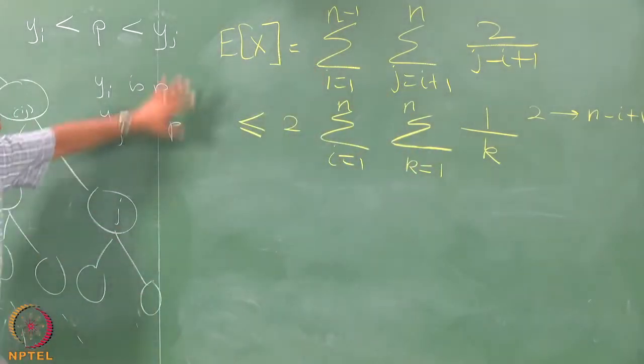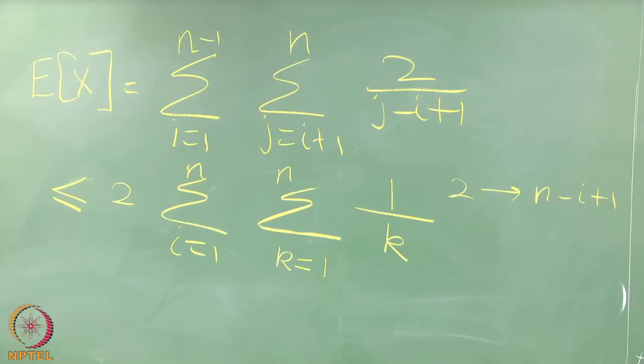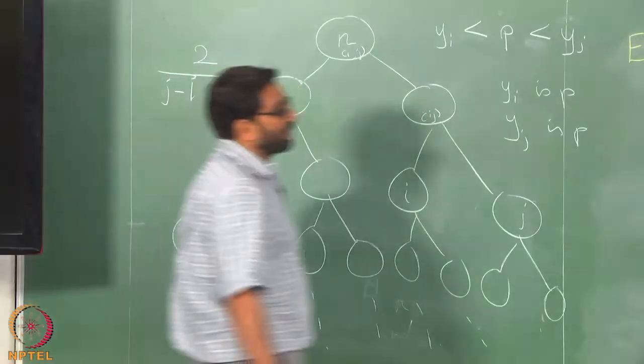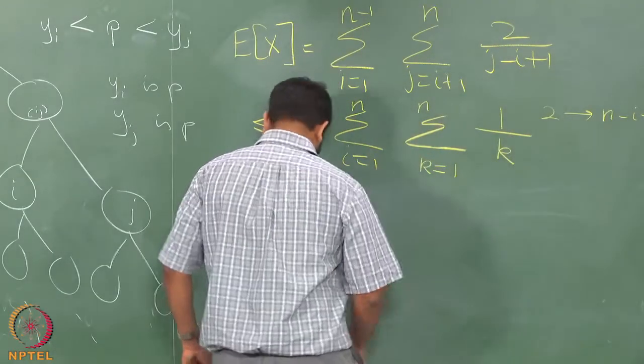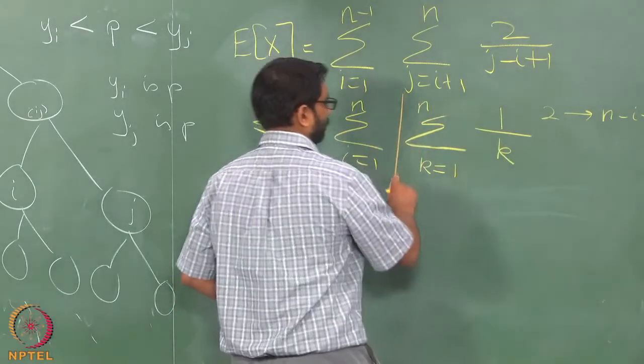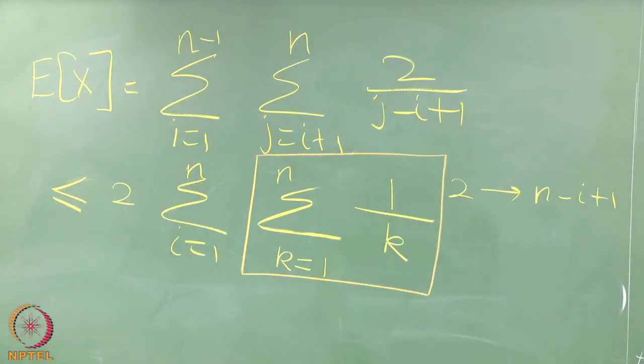Remember, all this I can do because I'm looking for an upper bound, and I'm being a bit sloppy here to make the analysis simpler. So this quantity is nothing but the nth harmonic number.